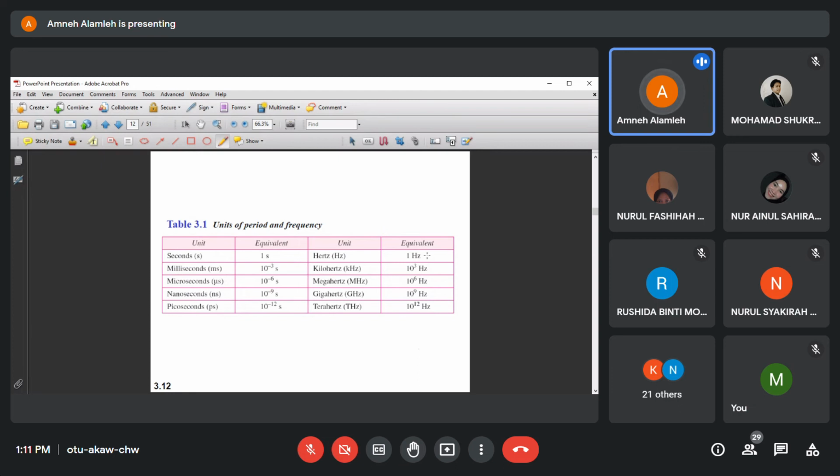We have 1 hertz, kilohertz, which is 10 to the power 3 hertz, megahertz, which is 10 to the power 6 hertz, gigahertz, which is 10 to the power 9 hertz, and terahertz, which is 10 to the power 12 hertz.